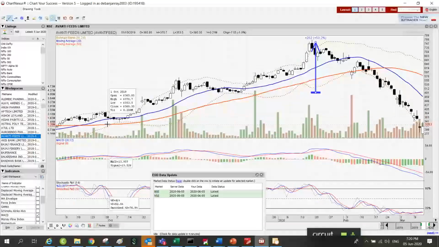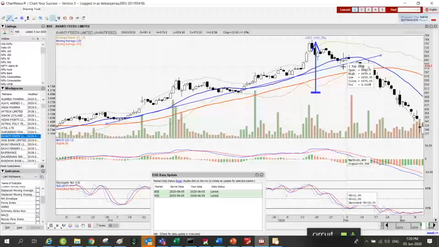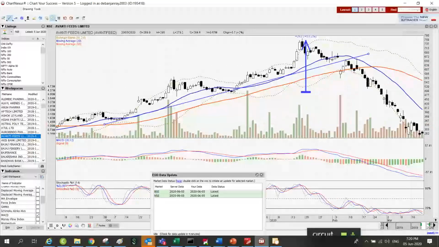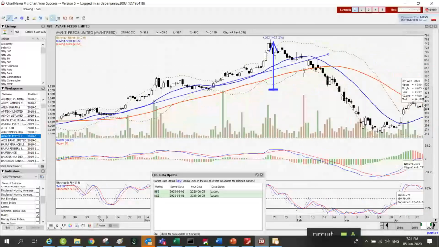And if I draw some support line, even then it has fallen down. Now think of the scenario here. It has fallen below this line. It has broken the support line. You are still not acting. There is a huge gap in the candle. You are not acting.